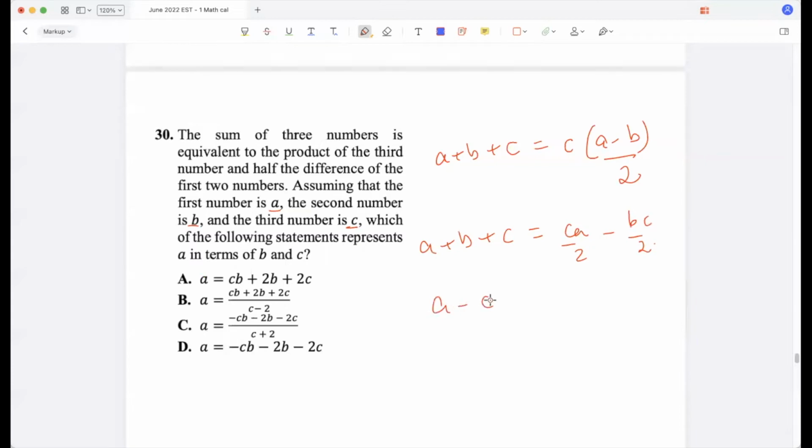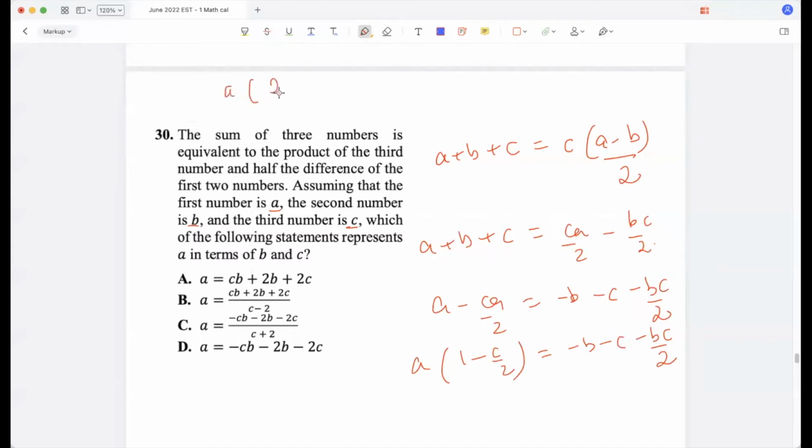So A minus CA by 2 is minus B minus C minus BC by 2. Right? So we have to find A, right? So A into 1 minus C by 2 is minus B minus C minus BC by 2. So let me write here.